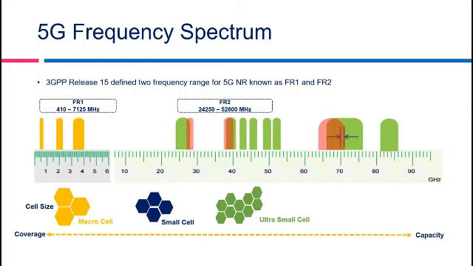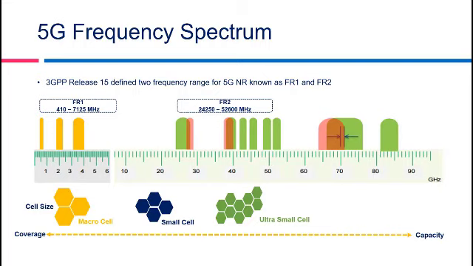Whereas the FR2 frequencies are in the higher bands. These higher bands are also known as millimeter wave bands, and their frequency range is from 24 GHz to 52 GHz. At the bottom of the frequency scale, we can see some cell sizes with different colors.